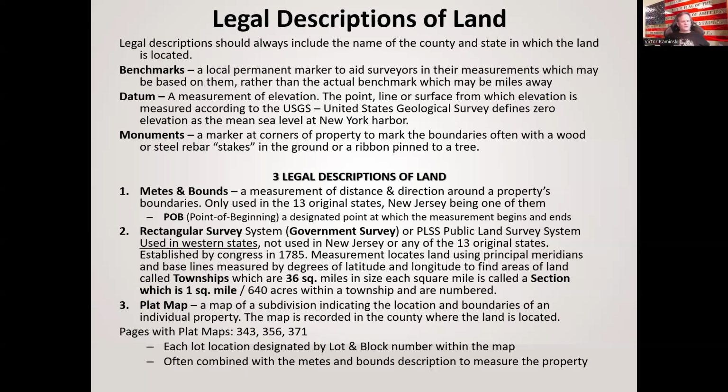A legal description that locates areas of land measured in 36 square miles called townships, with 36 sections, each 1 square mile: the rectangular or government survey.